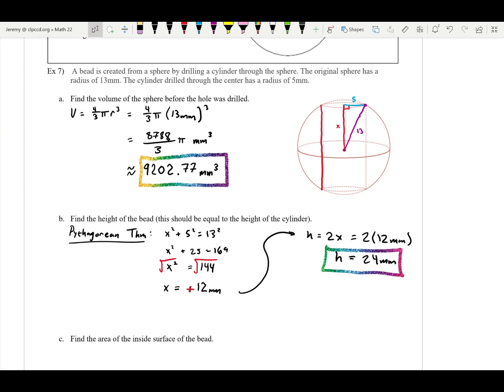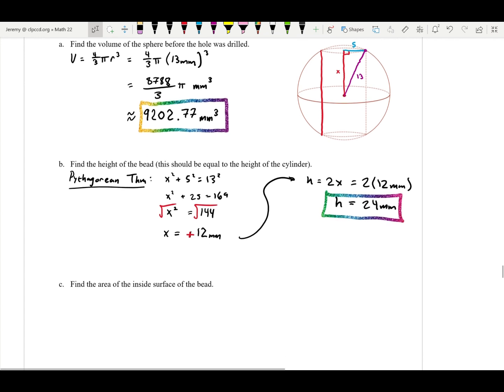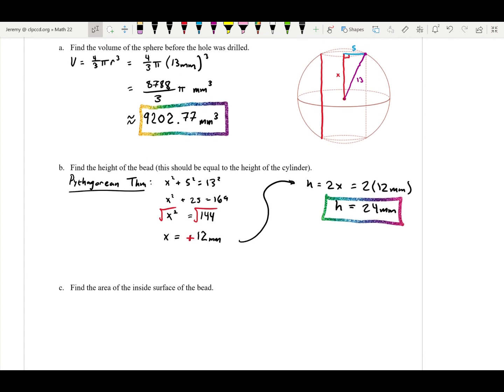The inside surface of the bead is just going to be the surface area of this cylinder here. Okay, and we have a formula for this. I'm not even going to really memorize the formula though, because I always just think, remember that picture we saw where you take a cut on one side of this cylinder and unroll it, and you end up with a rectangular piece where that dimension is the height, and then the unrolled long piece is just going to be the circumference of the circle that defines this shape.